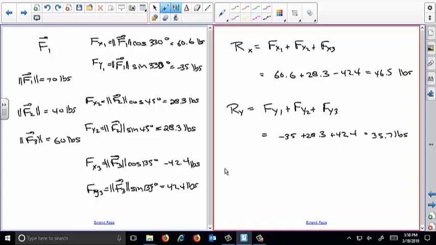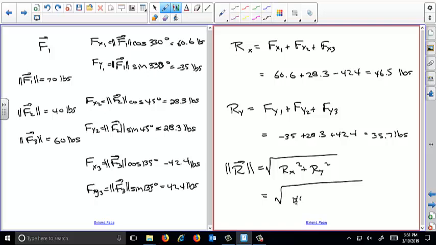So to find the magnitude of vector r, you just take the square root of r sub x squared plus r sub y squared. So we get the square root of 46.5 squared plus 35.7 squared. So put those in our calculator.